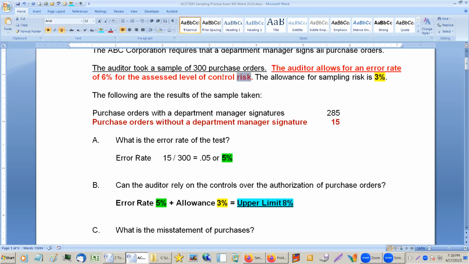The auditor allows for an assessed level of control risk of 6%. So 6% is the max. So I should probably say tolerable rate is a better way to put it.